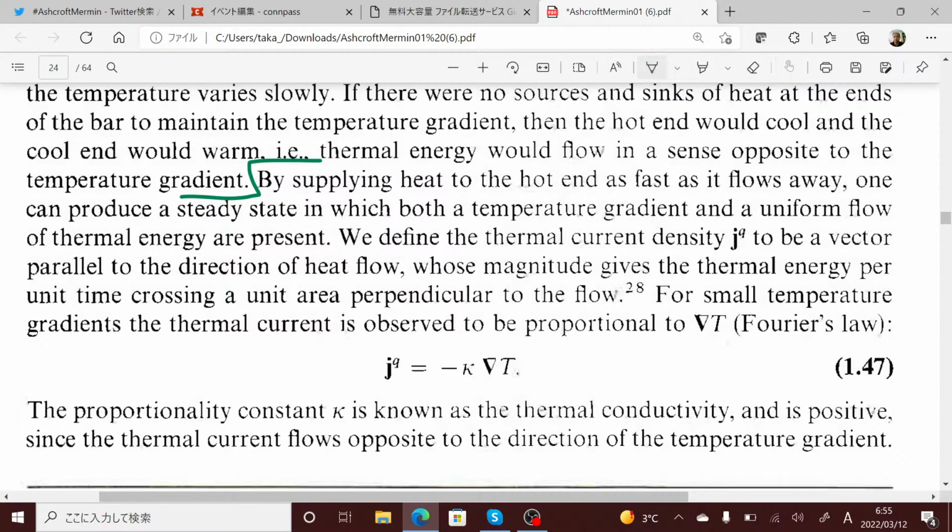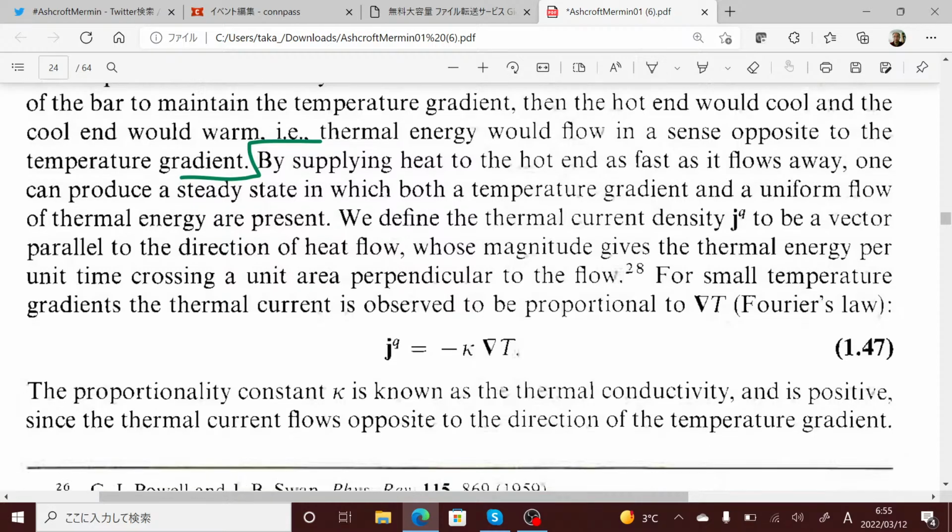By supplying heat to the hot end, as fast as it flows away, one can produce a steady state in which both a temperature gradient and a uniform flow of thermal energy are present.